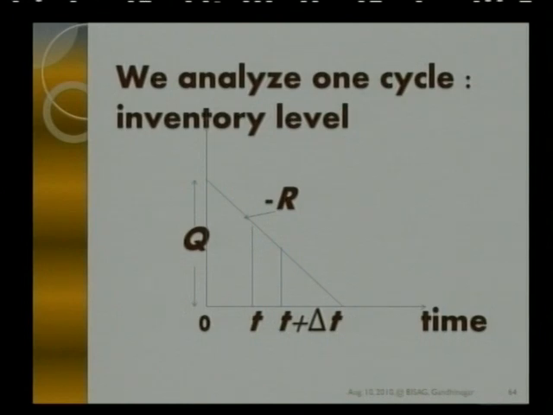So the aim is, initially you have Q units with you, and at the end of the cycle time you have no units. So on an average, Q by 2 units you have occupied during the whole cycle. This is one cycle. You can continue the same cycle over and over again, but we'll try to analyze this one cycle.